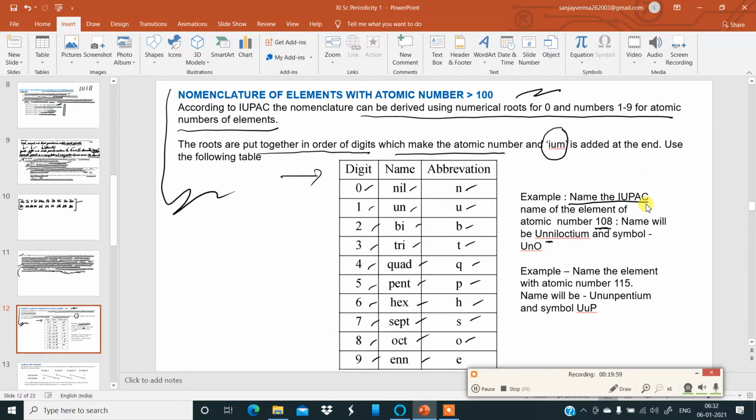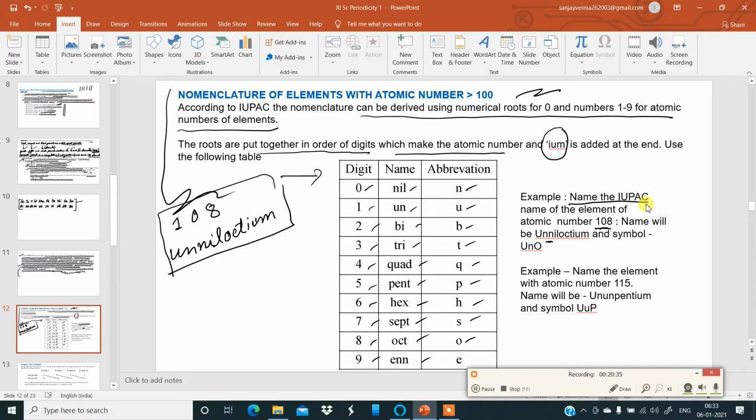Then 8 is oct. Then at the end you put IUM. That is how you name elements according to IUPAC for atomic numbers greater than 100.